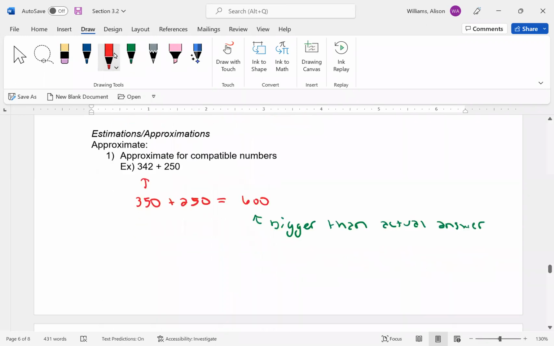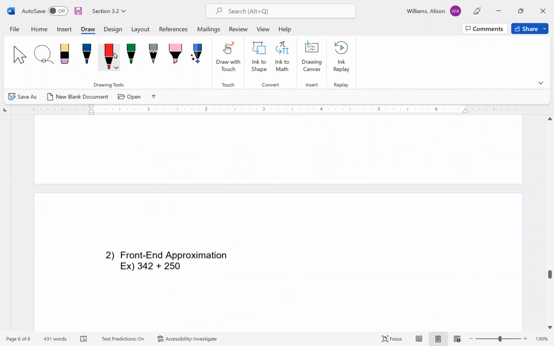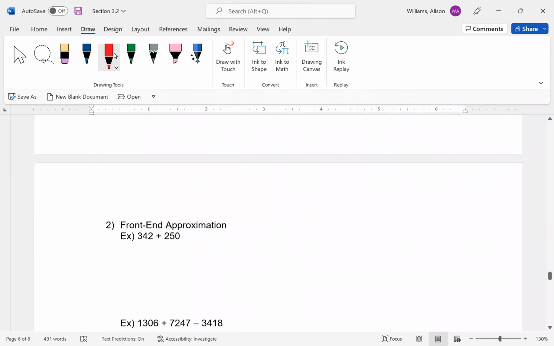Then there's the extremely simplistic front end approximation. That's literally where you take the front number and that's the number you use. So 342 becomes 300. 250 becomes 200. So adding those together, 500. So for front end approximation, we get something smaller than the actual number, or an underestimate.